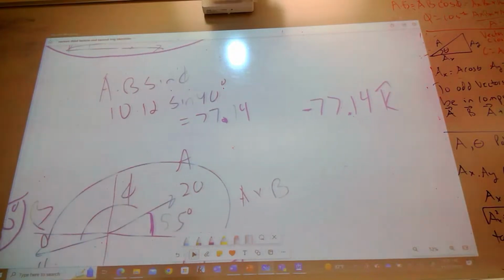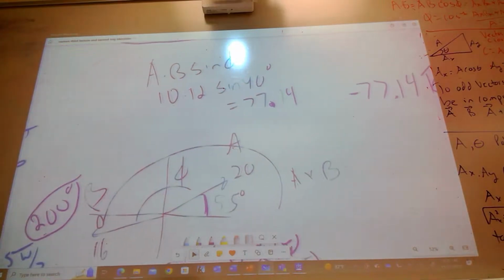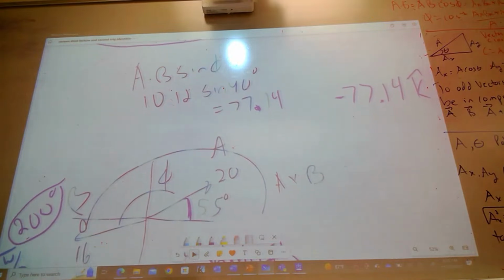Let's do another one. This time I have vector A is 20 at 55. Vector B is 16 out at 200.